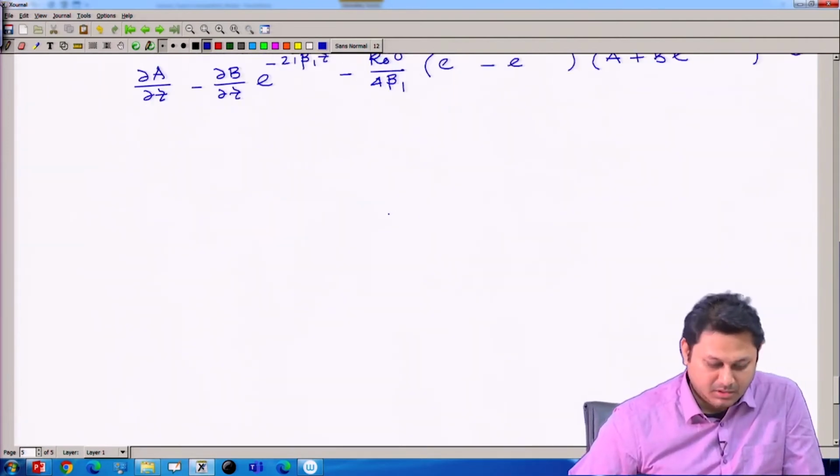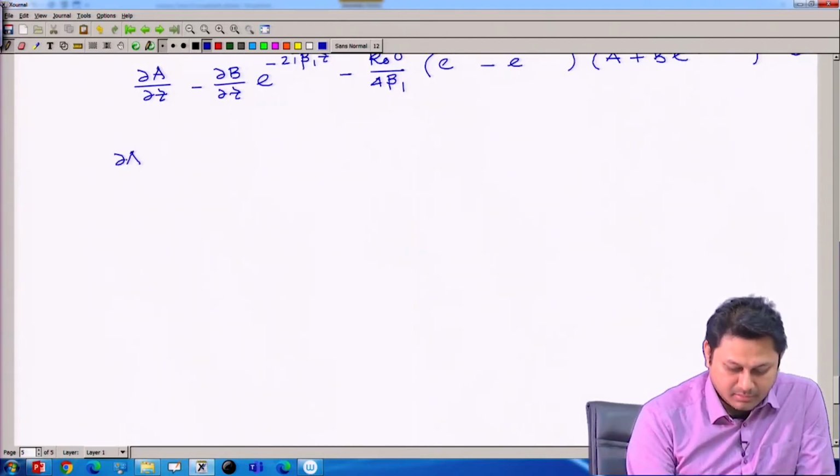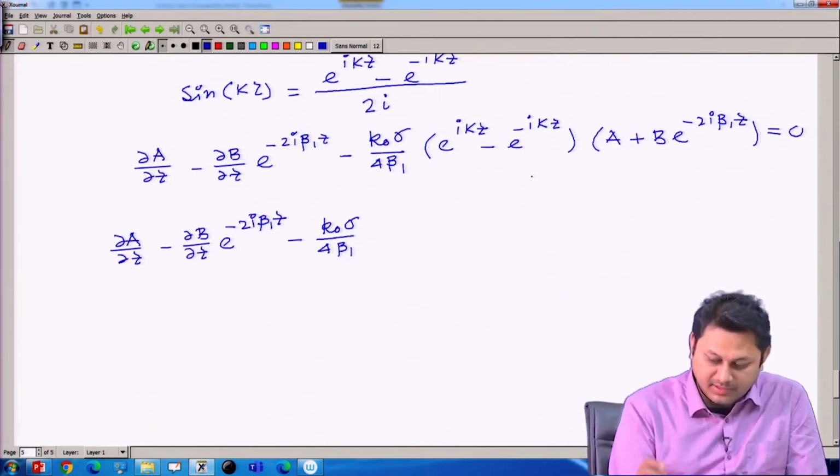Now, next I write del A del z minus del B del z e to the power of minus 2 i beta 1 z minus k 0 sigma divided by 4 beta 1, and I multiply these things there.